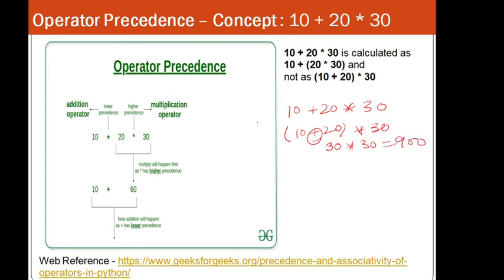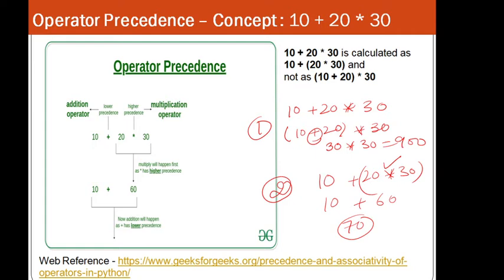So this is one way of solving. Another way is taking 10 plus 20 multiplied by 30, and multiplying first, so it comes out to be 10 plus 600, so it comes out to be 70. Now the question is which is the right one? Is 900 correct or is 70 correct?